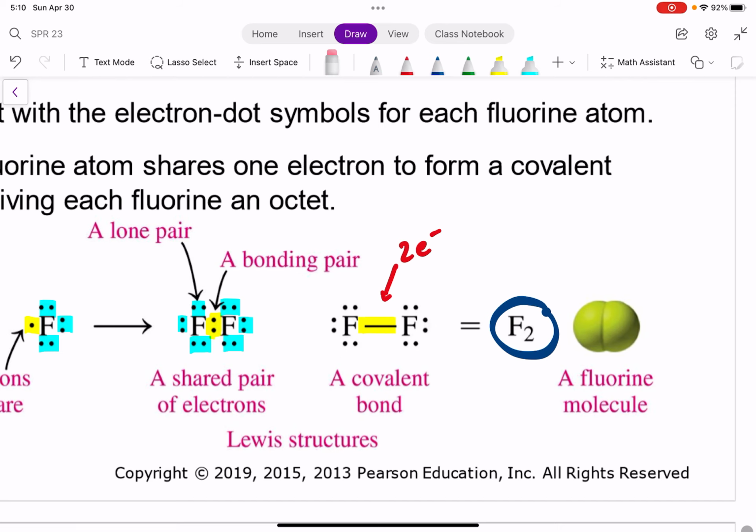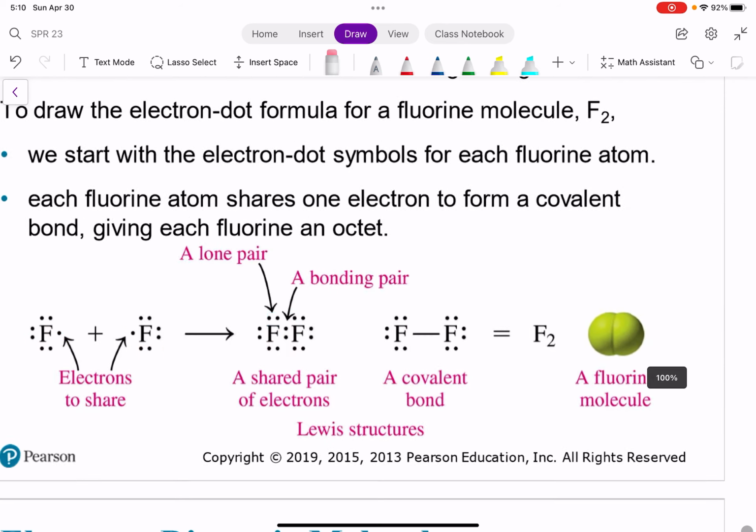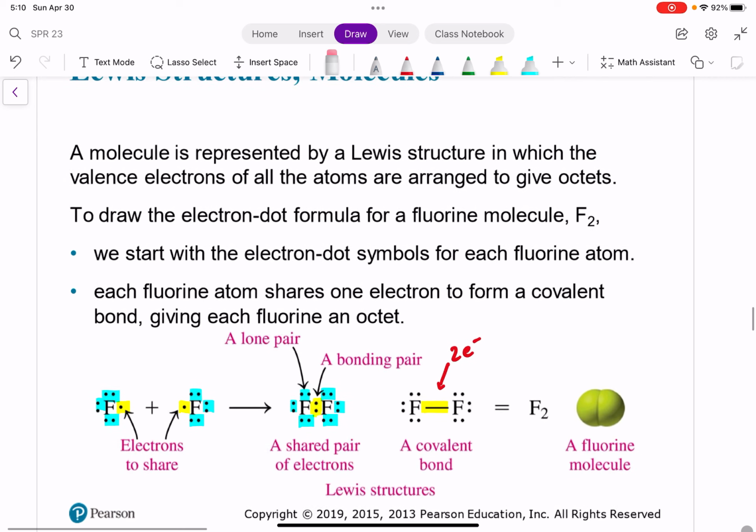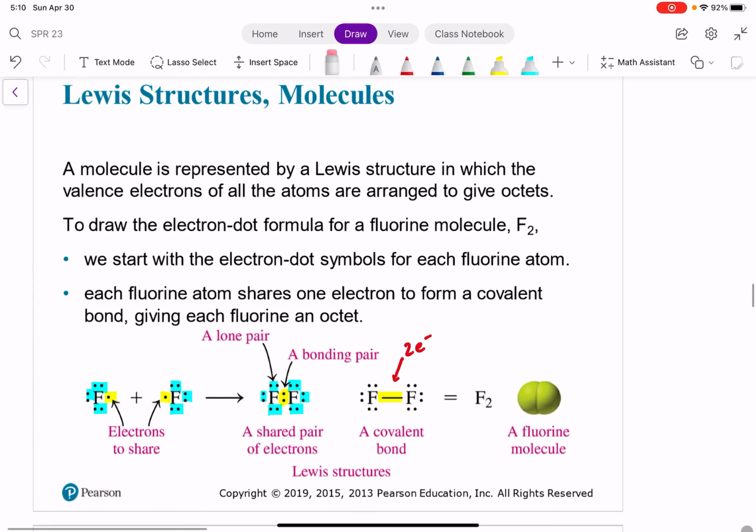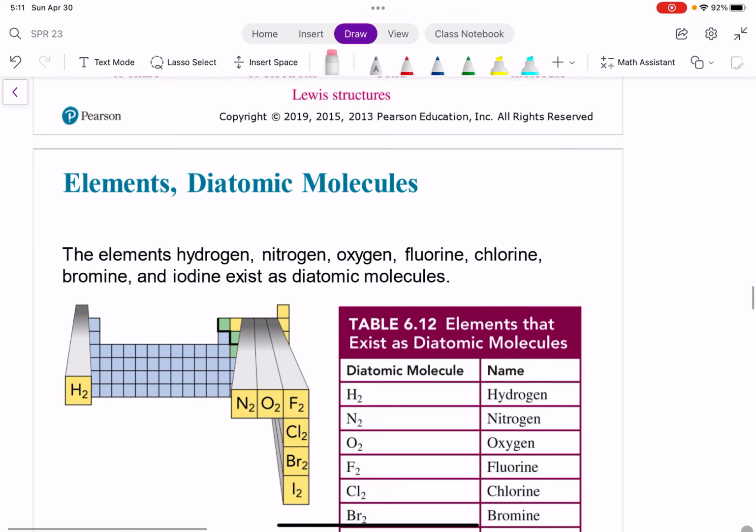Yeah, so fluorine is another one that exists as a diatomic molecule. It's an element that is a diatomic molecule. It's so much easier for fluorine to share those electrons with another fluorine to achieve that lower energy state to be more stable. So it will, yeah, pretty cool.